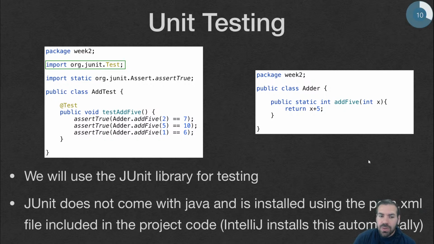So first, unit testing is an external library. This is our first external library that we're seeing. And what that means is it's a library, it's separate code, separate Java classes that are not pre-installed with Java. When you download the JDK, this unit testing library called JUnit that we're using is not part of Java itself.